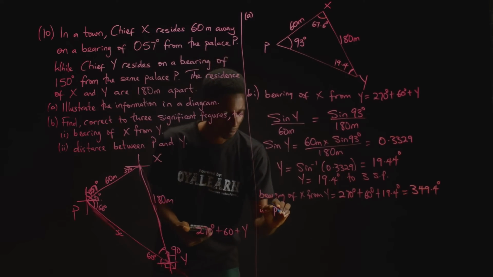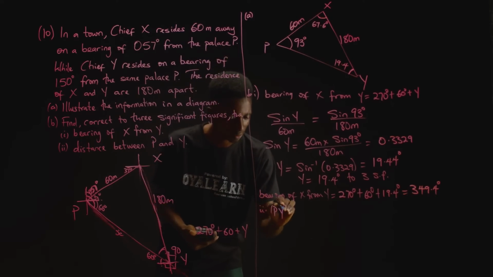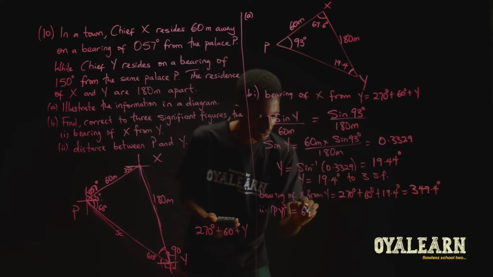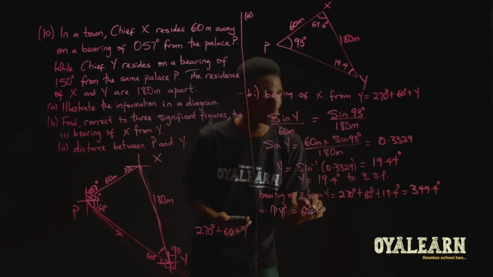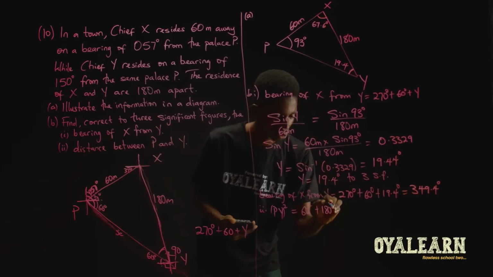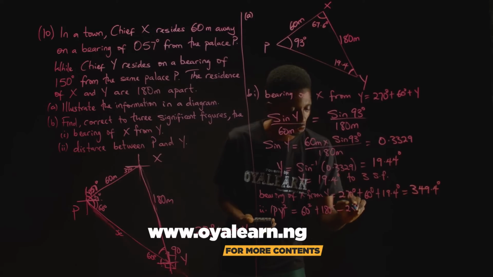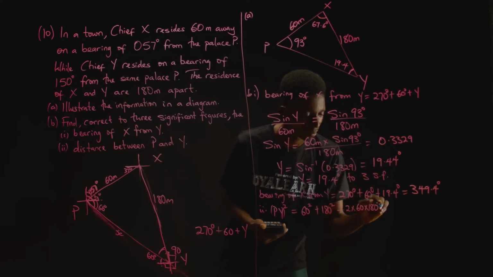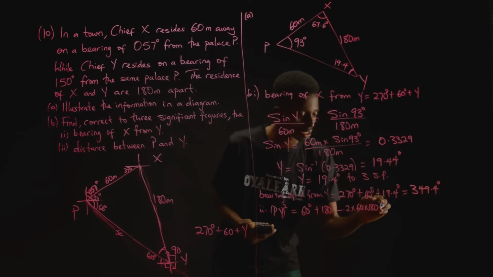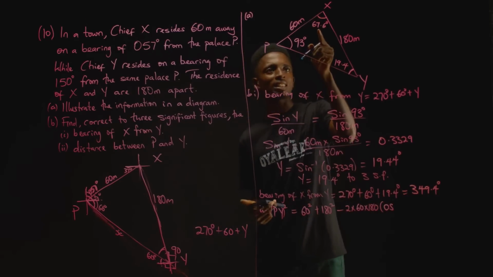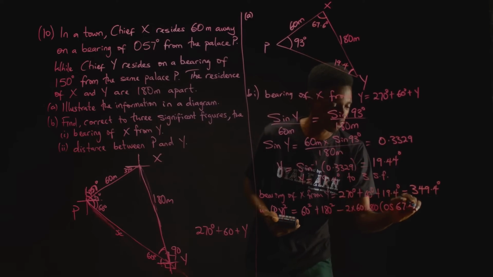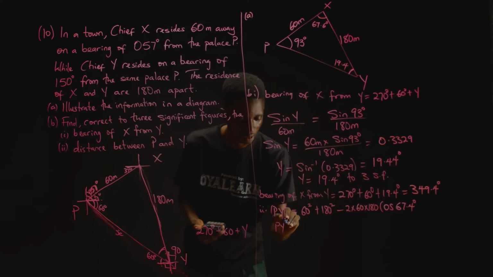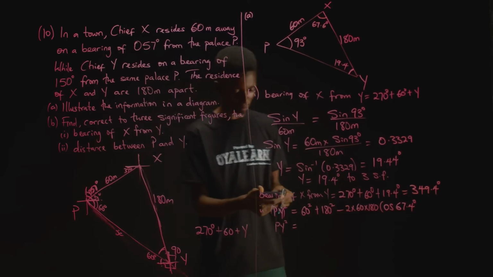So that is PY squared should give us, now we're going to apply the cosine rule, that is we're going to be having 60 squared plus 180 squared minus 2 times 60 times 180, and then all of this multiplied by the cosine of this angle here, which is 67.4 degrees. So that is PY squared becomes, now let's simplify this.